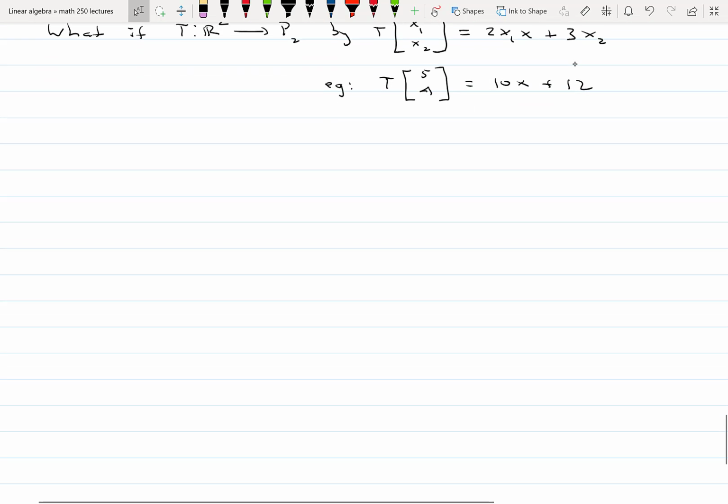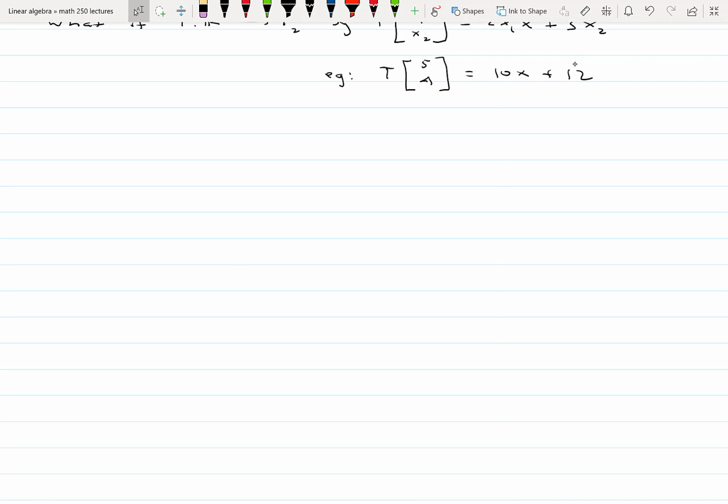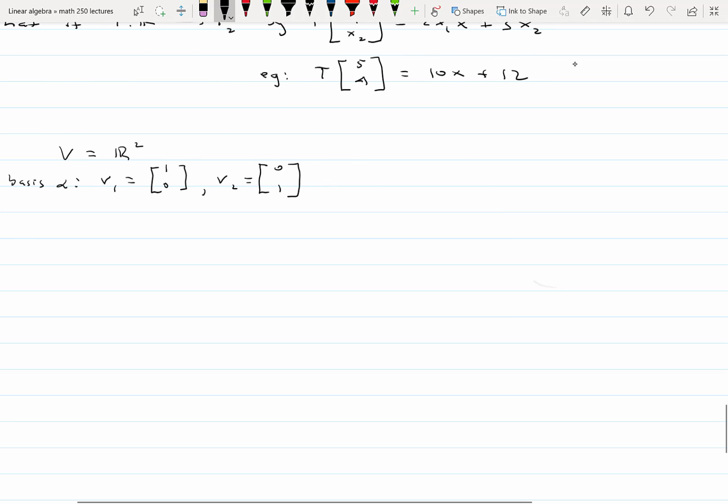Let's take the vector space V as R2, with a basis alpha as the standard basis vectors. V1 is (1, 0). V2 is (0, 1).